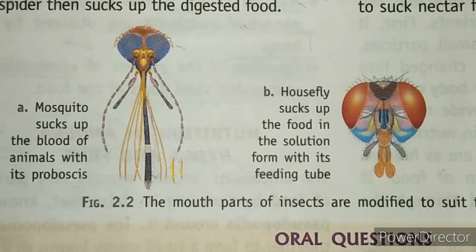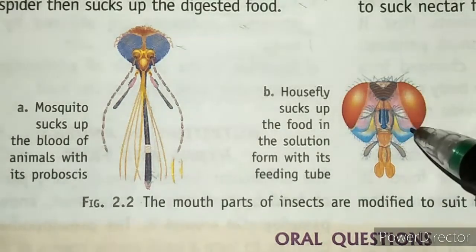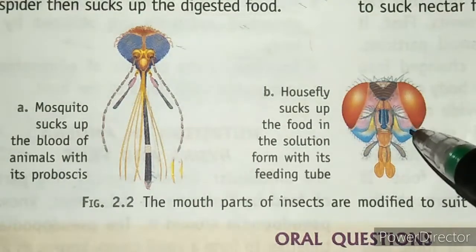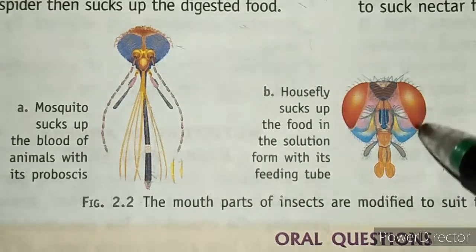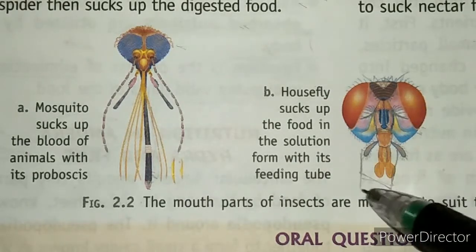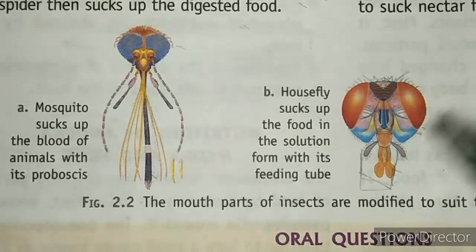Even houseflies live on liquid food, and they use their saliva to dissolve the food and form a solution. Then they suck up the solution with the help of their feeding tube. This is the feeding tube, and with the help of that, it sucks the solution which is made by itself.